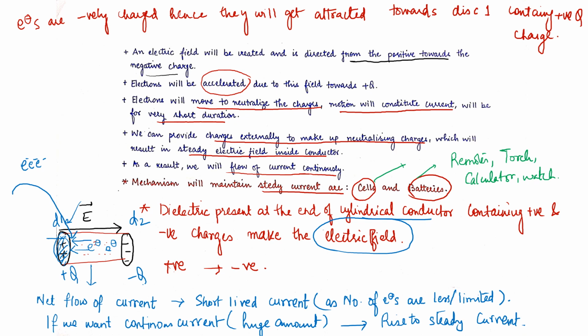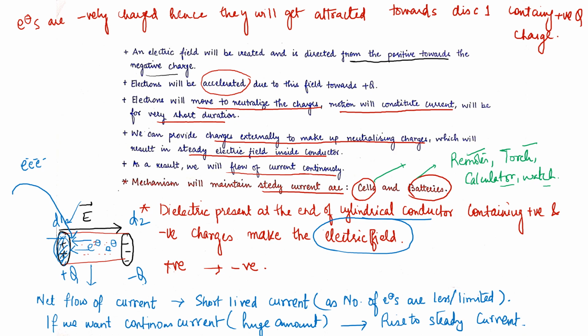So cells and batteries provide continuous electric current, which makes the remote, torch, calculator and watch, all these electronic items, keep on working.